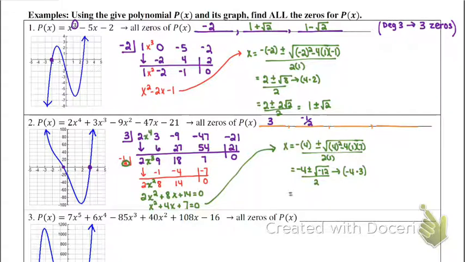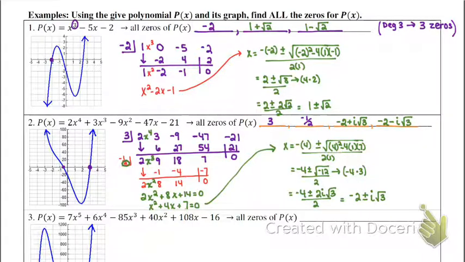So when I simplify this, it is -4 plus or minus, the square root of -4 is 2i, and the 3 stays in, all over 2. Those are divisible, so I'm going to go ahead and divide. I get -2 plus or minus i square root of 3. And so I'll write those as two separate answers. Negative 2 plus i square root of 3, and negative 2 minus i square root of 3.